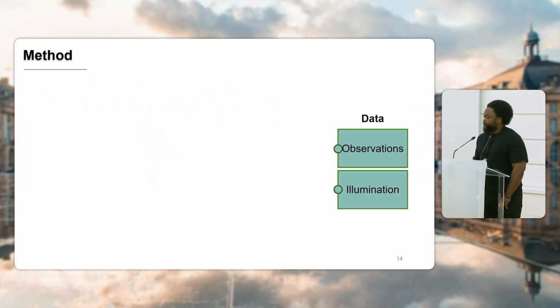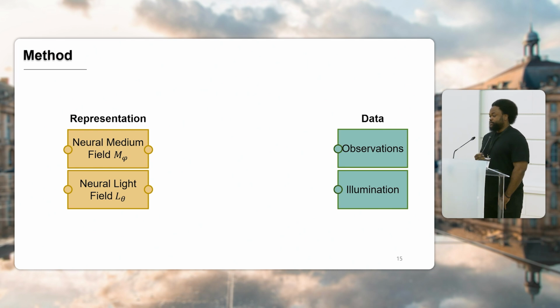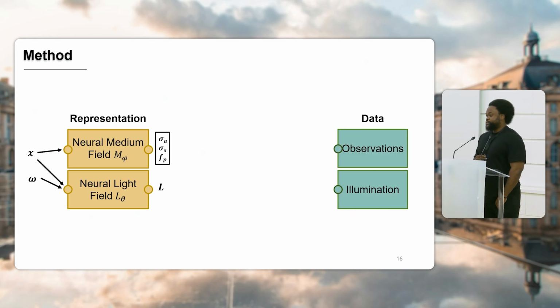So our pipeline is as follows. We are given data in the form of multi-view images and also known illumination. We represent the scene's optical properties and scene light field using a neural medium field and neural light field, taking in as input spatial and spatial angular coordinates respectively, and outputting optical properties and scene radiance.